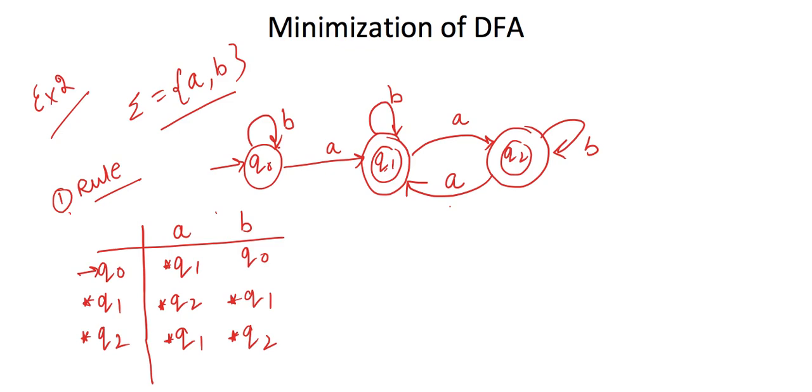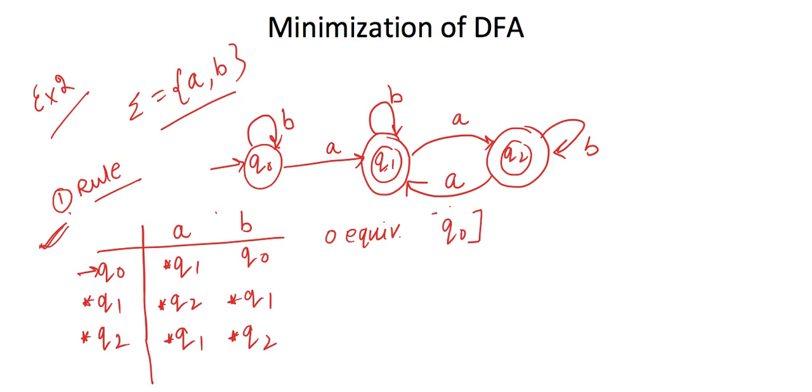Now there is no requirement of this DFA. Just by looking at this table we can draw the minimized DFA. Now what we have to find out is the zero equivalence. How do we find the zero equivalence? Just make groups of final states and non-final states.